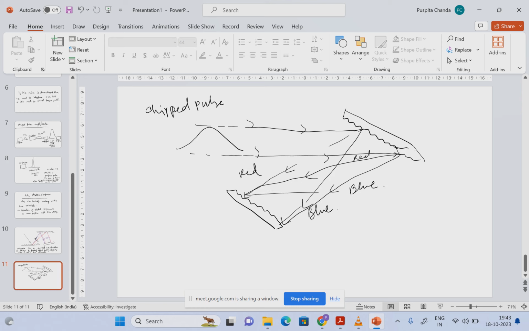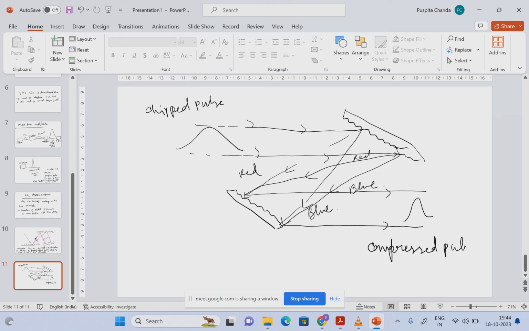Here the red part mixes with the blue part, and it will become a chopped, compressed pulse.